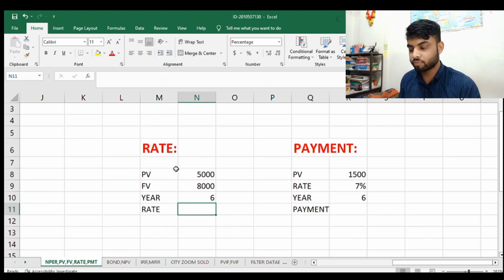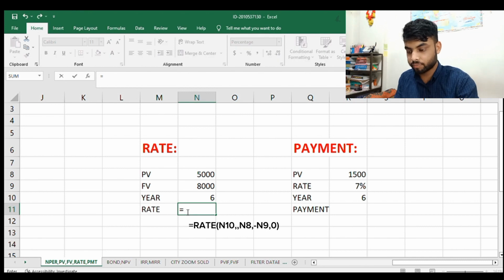For this, the given info: present value 5,000, future value 8,000, number of periods 6. Then we can easily calculate the interest rate. For this, firstly we insert equal, then RATE and start the bracket.